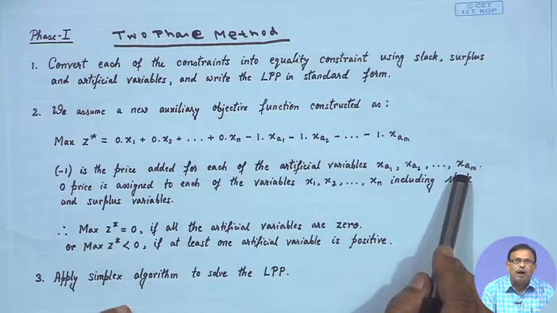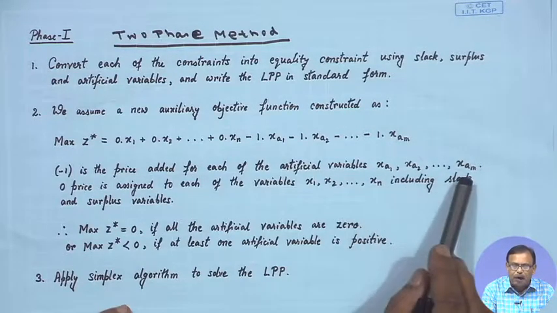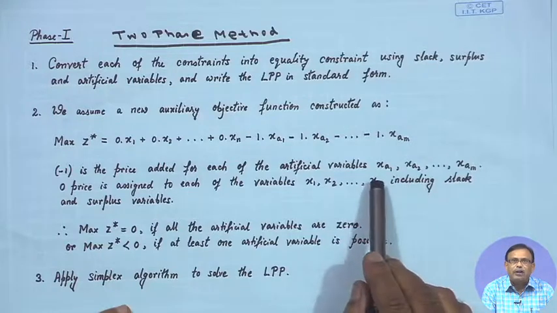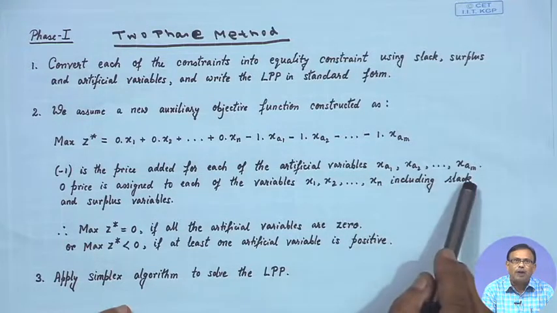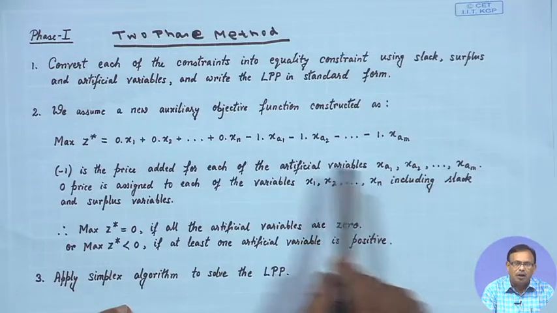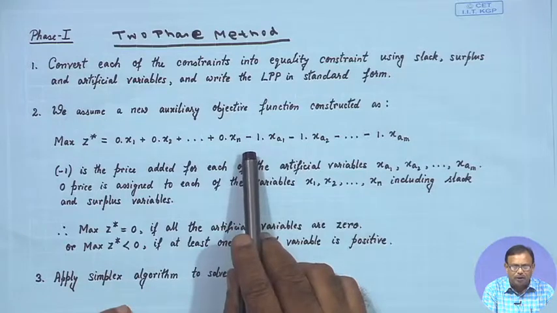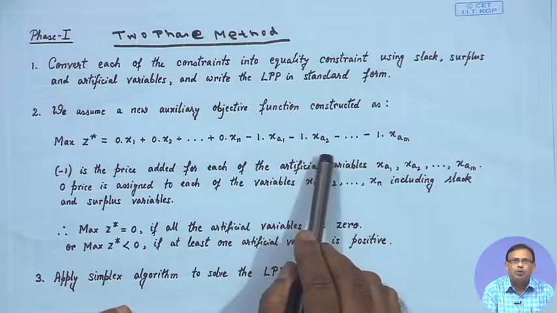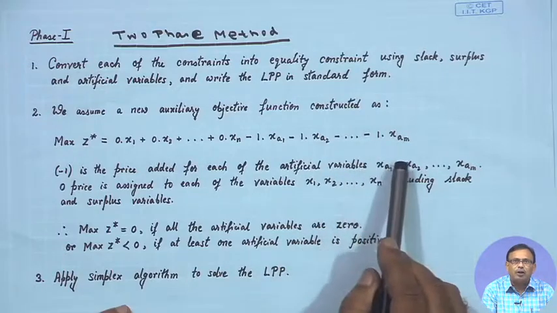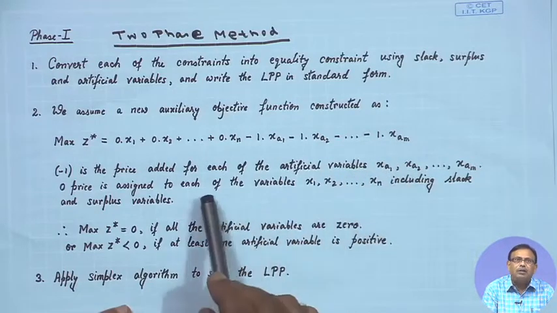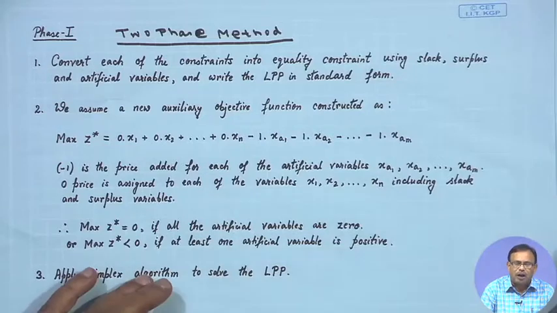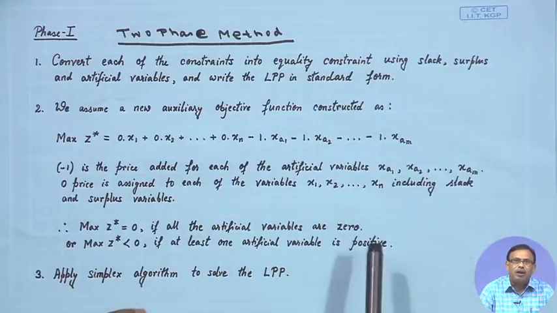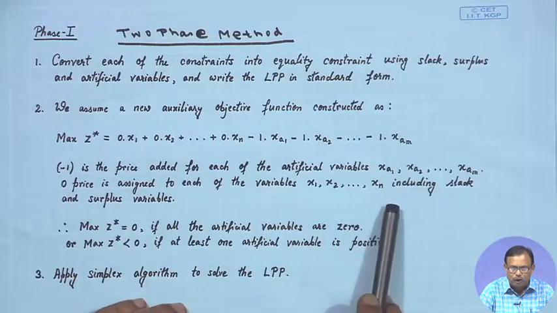Please note that if I have m artificial variables xa1, xa2, up to xam, then in the auxiliary objective function we add a price of minus 1 by writing minus 1 into xa1, minus 1 into xa2, and so on up to minus 1 into xam, and 0 price is assigned to each of the variables x1, x2, up to xn.